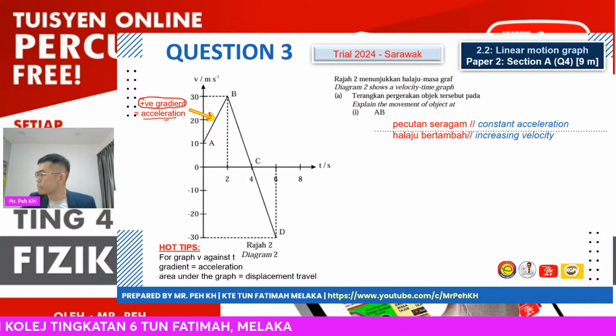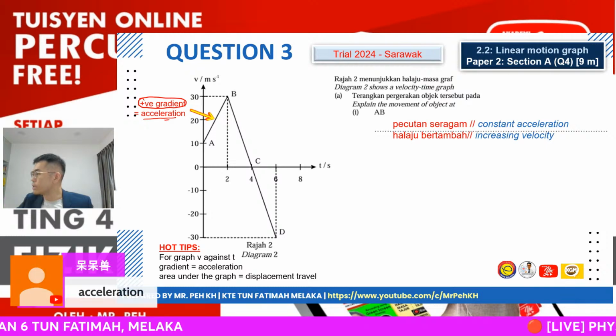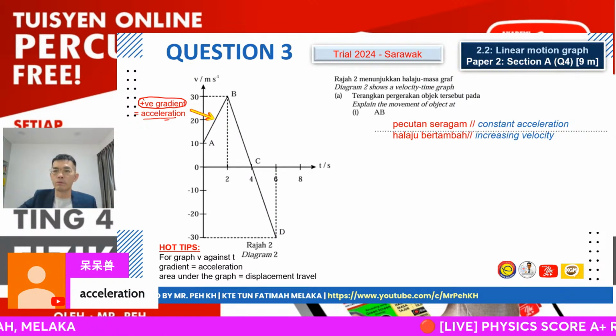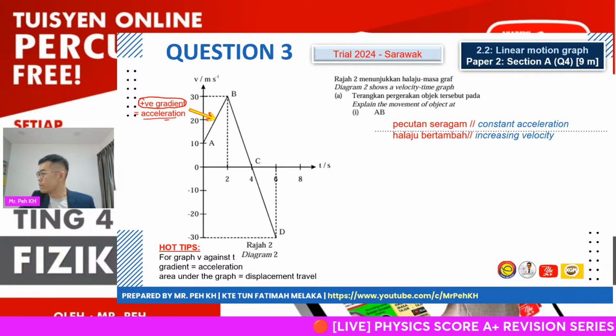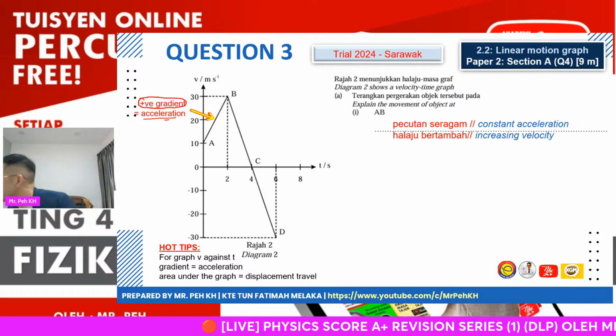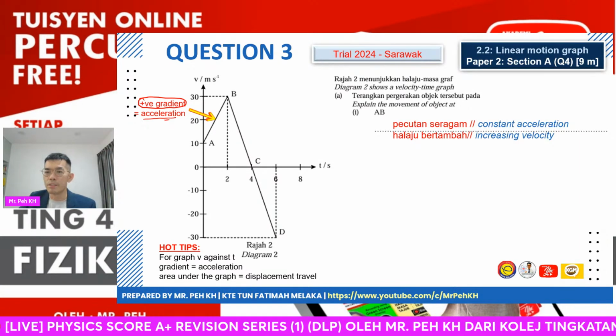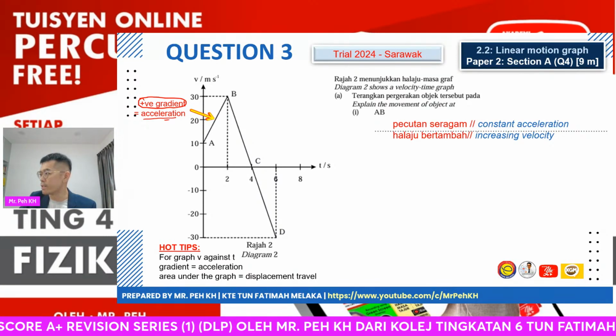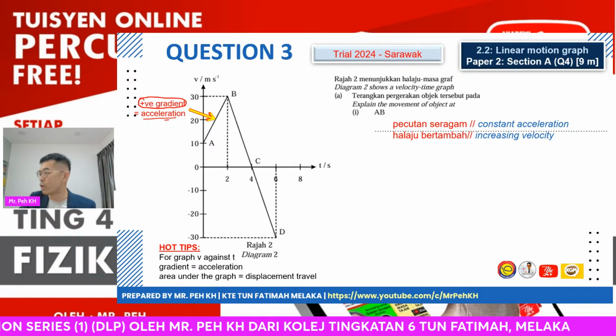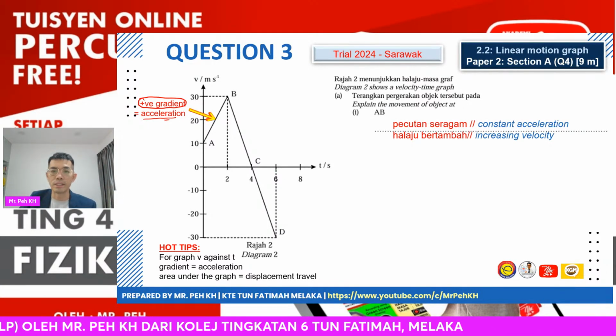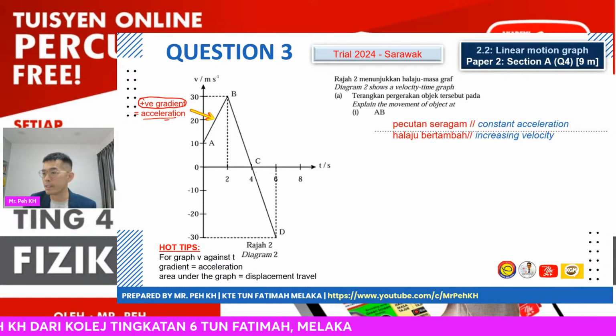Here you have to give the type of acceleration. So the better answer will be constant acceleration, or you can give increasing velocity. This is the advanced answer for AB here.